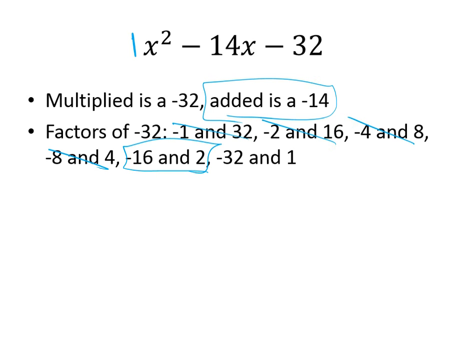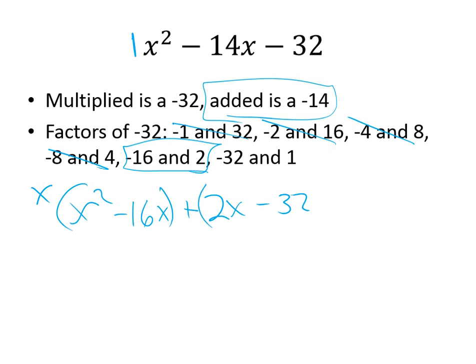And now we'll write it. We'll go x squared minus 16x plus 2x minus 32. We can take an x out of the first two terms, and we can take a 2 out of the second two, leaving us with x times x minus 16 plus 2 times x minus 16.